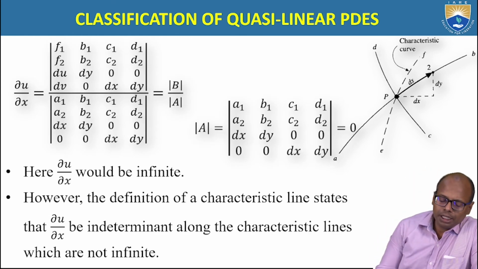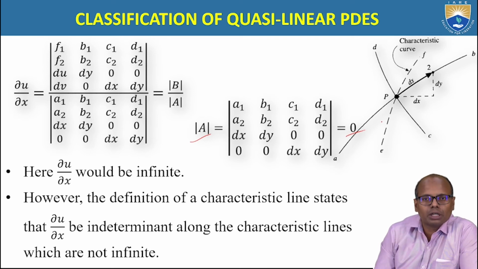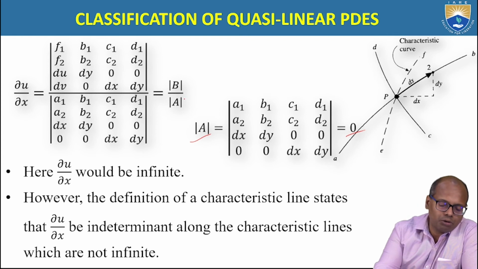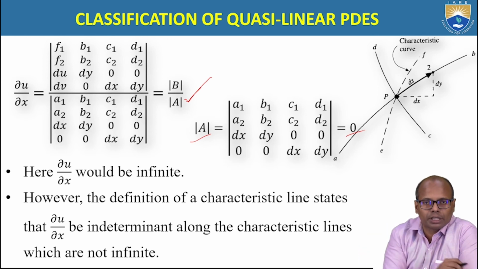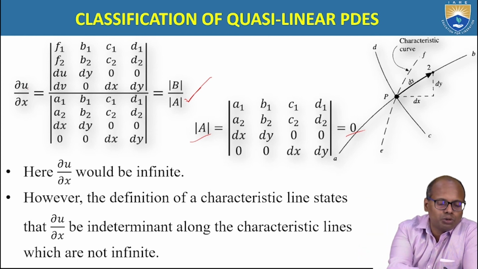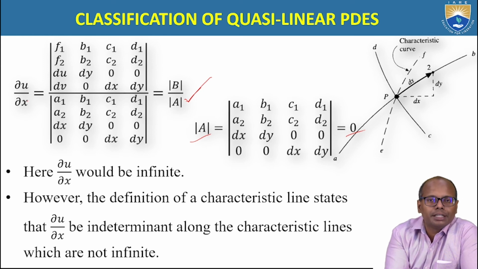Now if det A is equal to 0, I can have an infinite number of cases where dou u by dou x can be indeterminate.